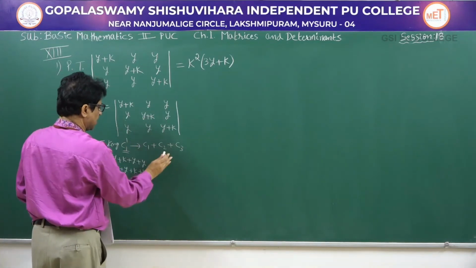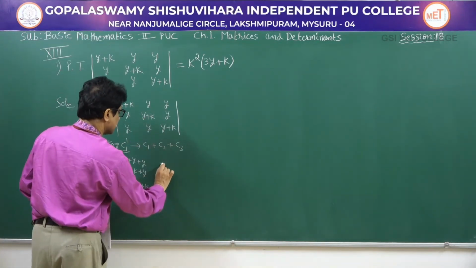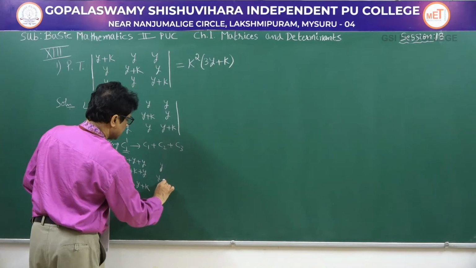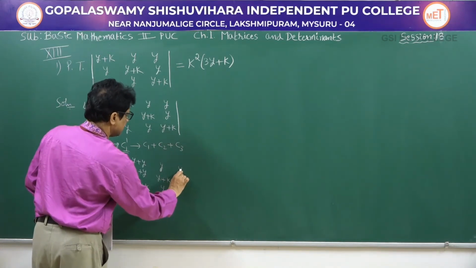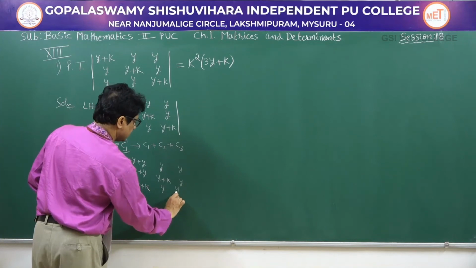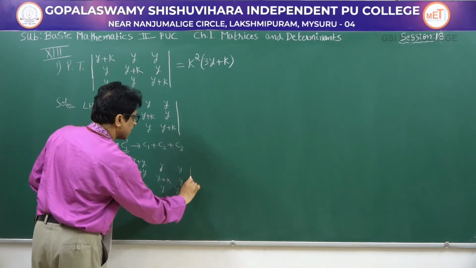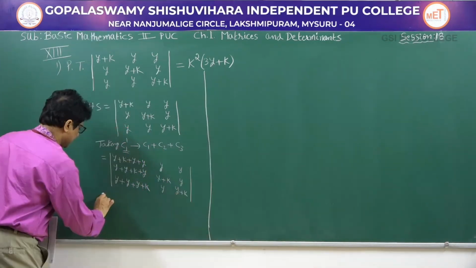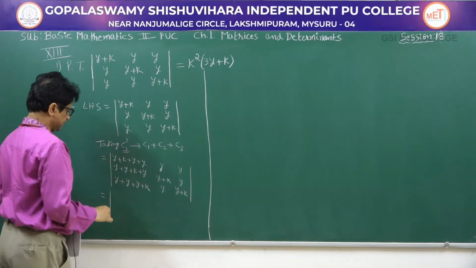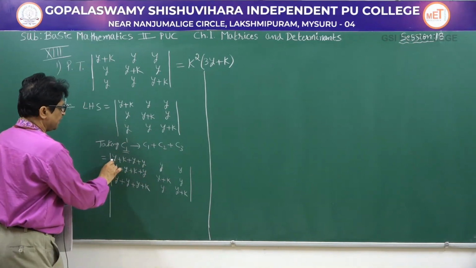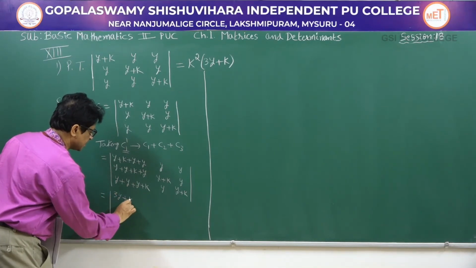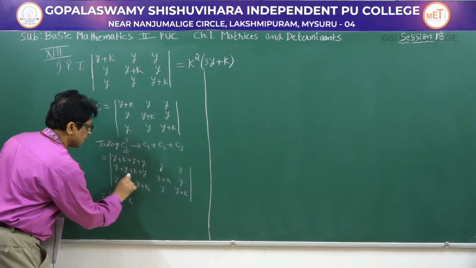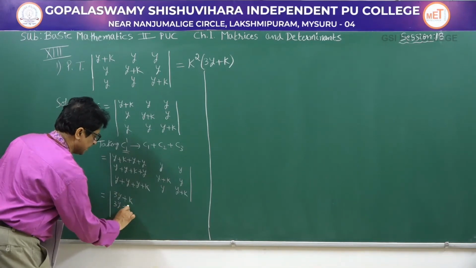Second column and third column we have to write as it is: y, y, plus k, y, plus k. So if you add all the terms here, you will get 3y plus k.